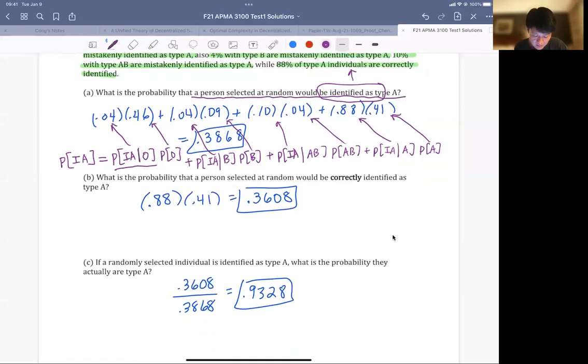Second question: what is the probability that a person selected at random would be correctly identified as type A?